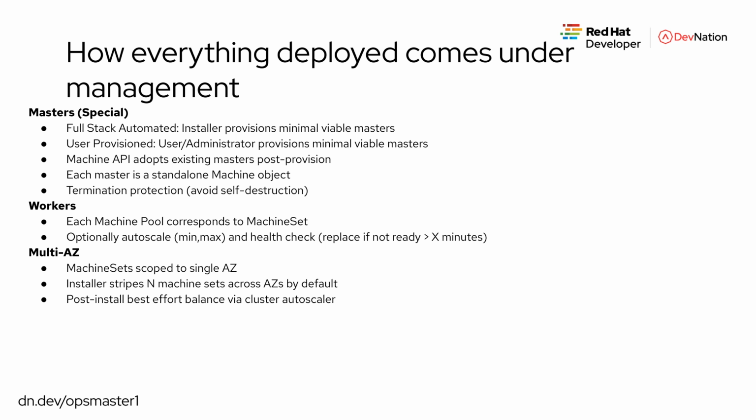They basically are created and deployed and initially configured via this bootstrap process. Regular worker nodes, we use machine pools that correspond to machine sets. We're going to talk about those in a minute. And by default, we are doing this across multiple availability zones within our case for this lab today, within Amazon. We stripe the N machine sets that you create across all the different AZs.